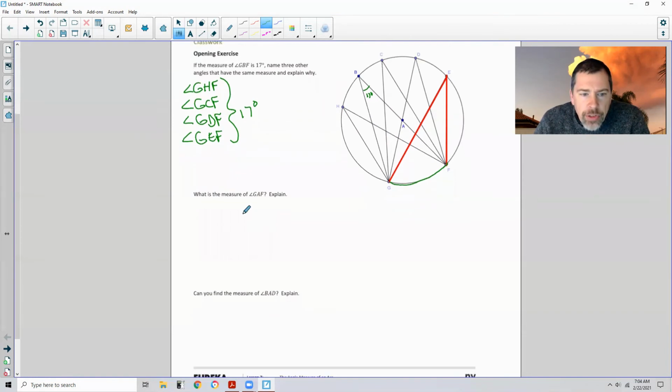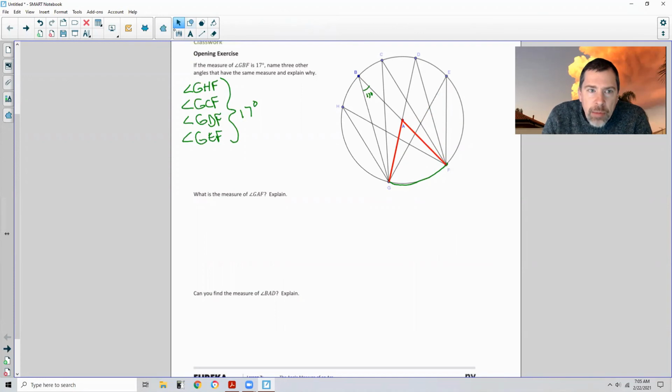Now the next question says, what's the measure of angle GAF? Let's highlight it. That is a central angle. Notice the endpoint of this segment is G, and when I bring this one to A, GAF also intercepts that same arc. Keep in mind, when you have an inscribed angle, the arc is twice the measure of the angle.